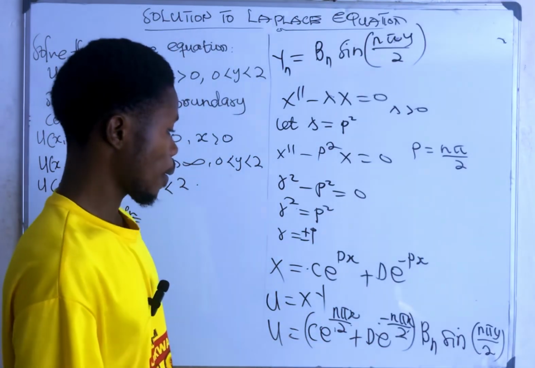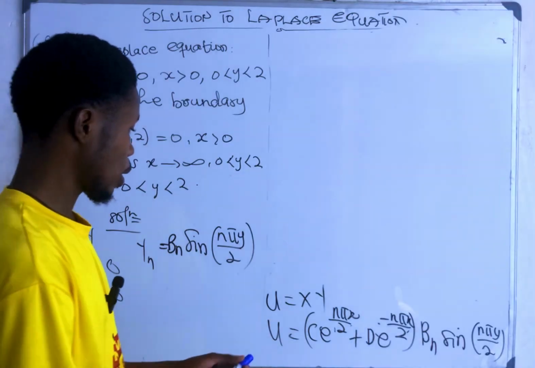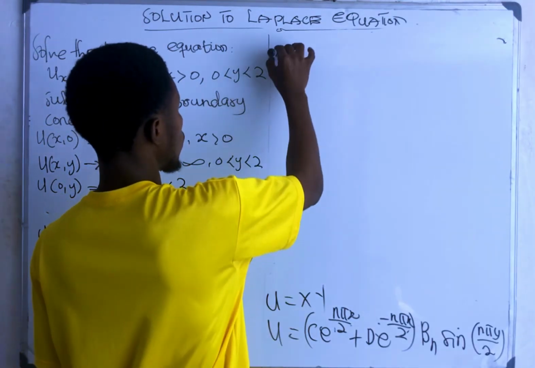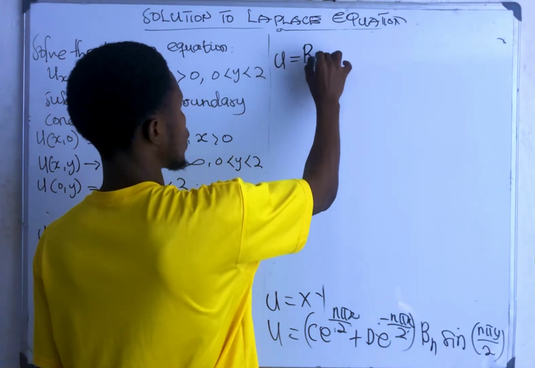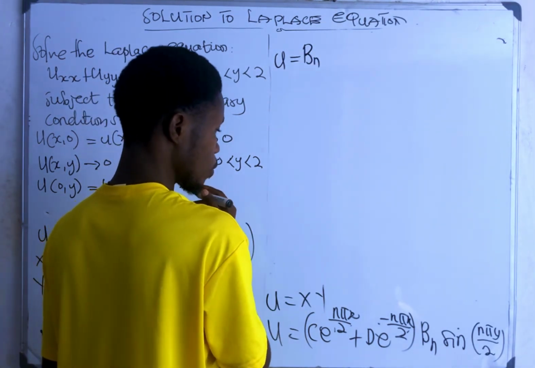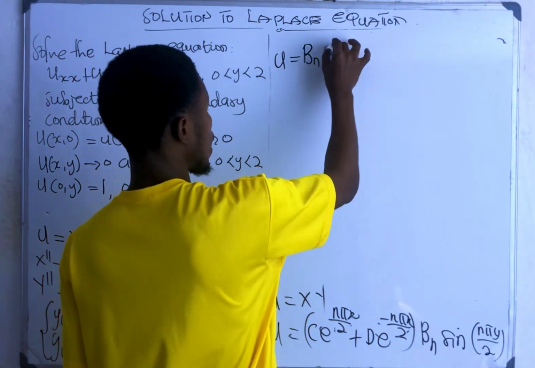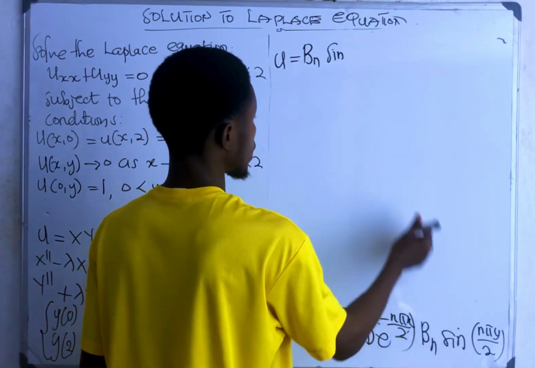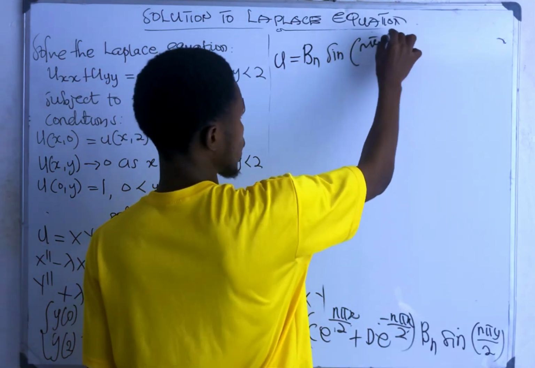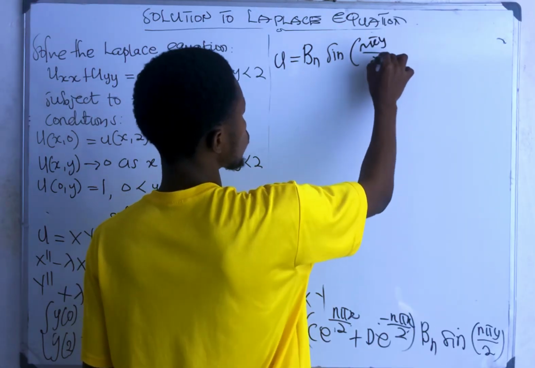So now at this point, let me write it at the top here. You have my u to be equal to, let me bring this one first, bn sine n pi y over 2.